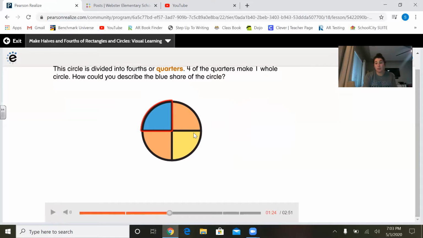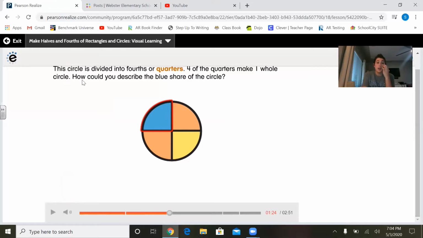It just means that there are 4 altogether. When someone says, I have 1/4 of a pizza, that means there were 4 pieces of pizza and they ate 1. Or I have 2/4 of a pizza: I had a pizza that had 4 slices and I ate 2. So fourths and quarters just means it has 4 total.